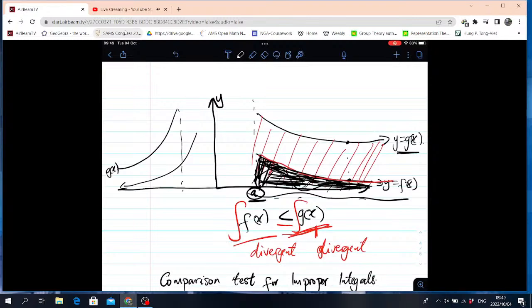If the integral from minus infinity to a is convergent, then this one is also going to be convergent on the same bounds. And if the integral of f of x is divergent, then the integral of g of x is divergent, because the idea is the same. What is just changing is the fact that now we are going in the other direction. I hope that clears that.